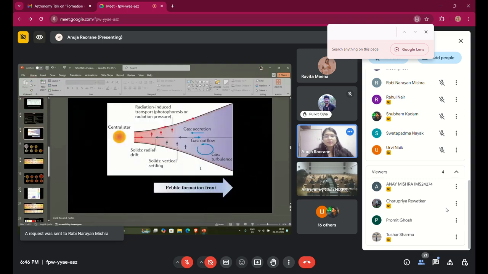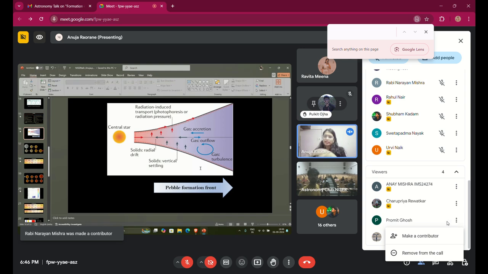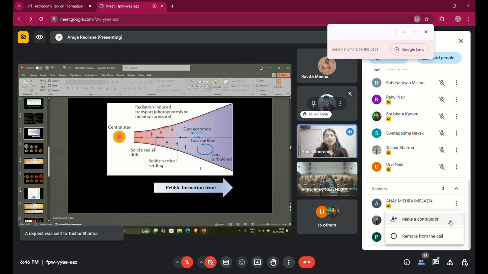So, if the loss of energy takes place when there are already pebbles in the system, then these pebbles move inwards. The radial drift is also acting on the pebbles that are formed, but the formation, where the pebbles are formed, is actually from the inner disk to the outer disk.